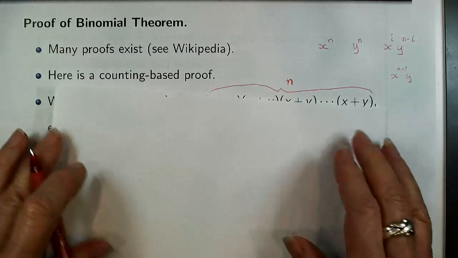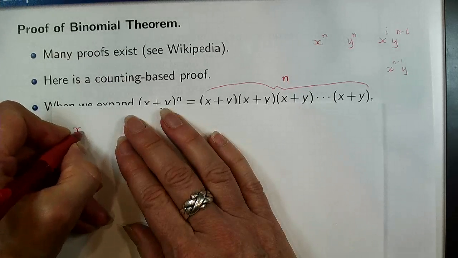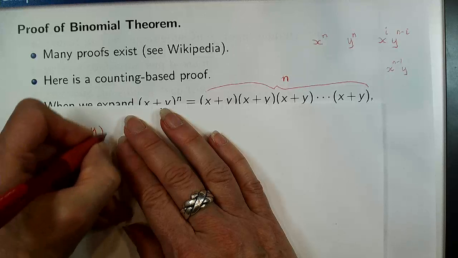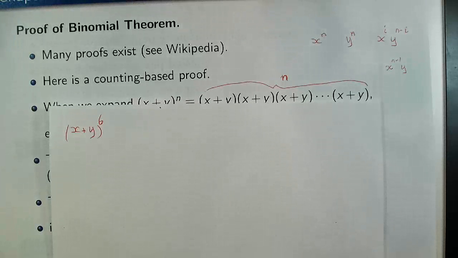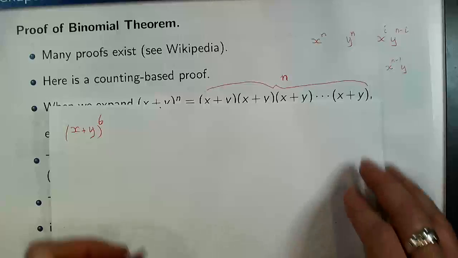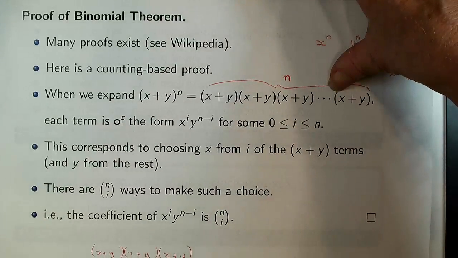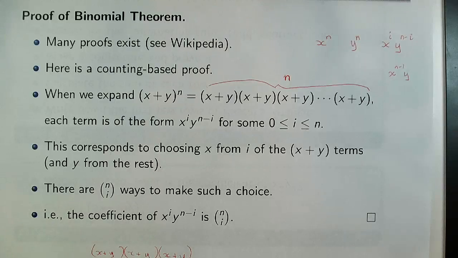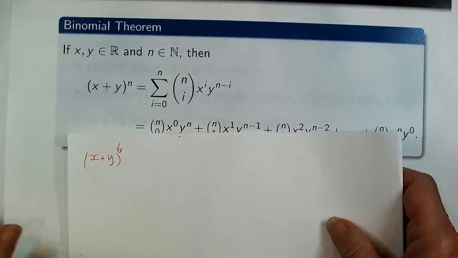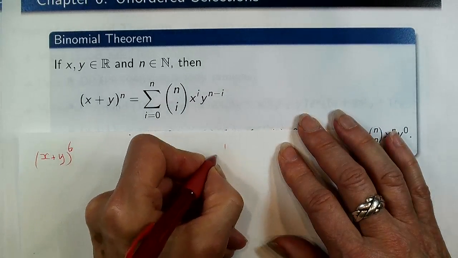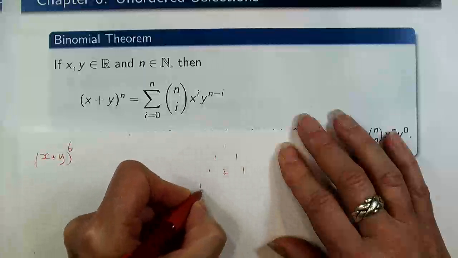So if I want to write out (x plus y) to the 6th, this is how I actually do this. I know that the coefficients here with the binomial theorem are the n choose i, and I know Pascal's triangle gives me n choose i.